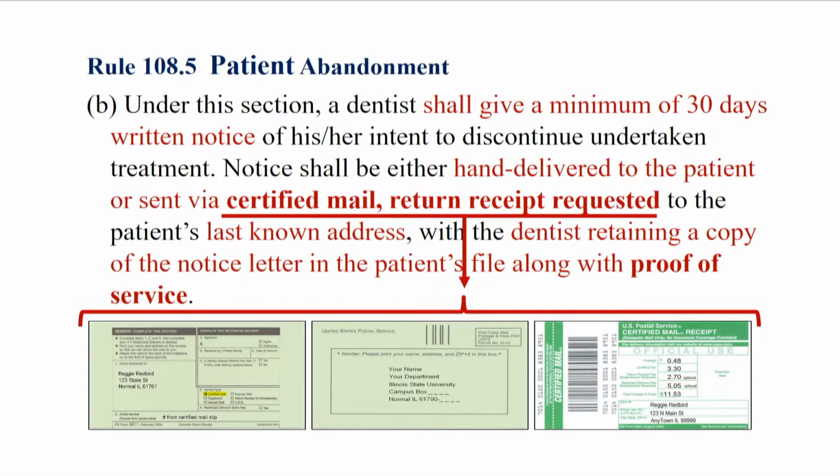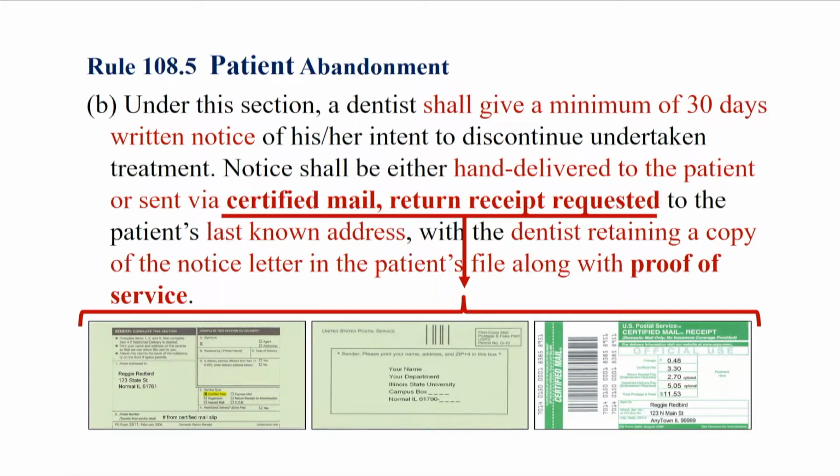Of note here is, in the example below, you see images of what a certified mail green card looks like. You fill out the green card front and back, which are the left and middle images, so that you will receive the green card back in your office once the patient retrieves the dismissal letter from the post office, or they will sign off when it is delivered to either their home or place of business.